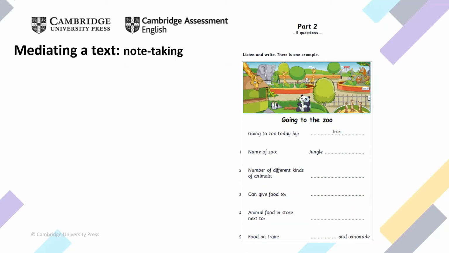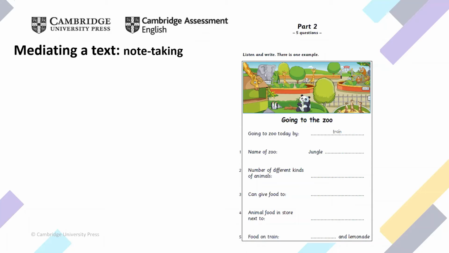So this is a Part 2 from the Listening at A1, Victoria, and what are students expected to do? Well, they will listen to a short text, and they need to find the relevant information to fill in the gaps. As you can see, we are going to ask them to come up with numbers and then food.